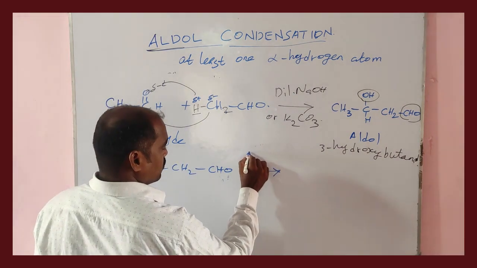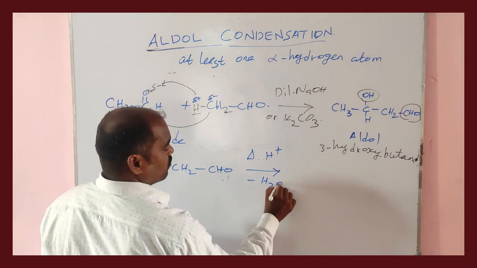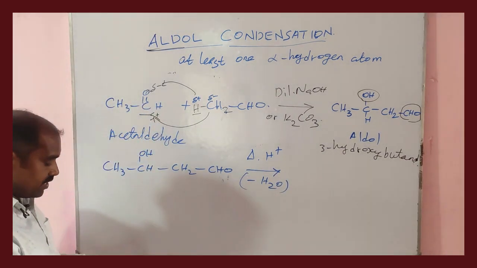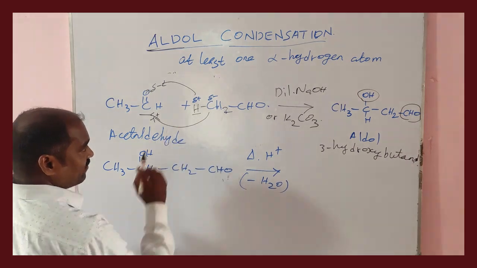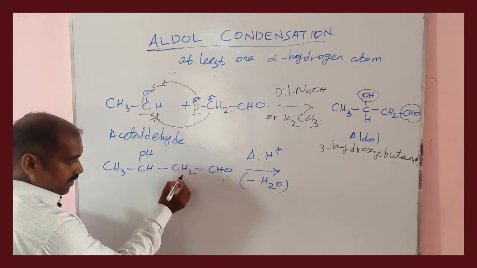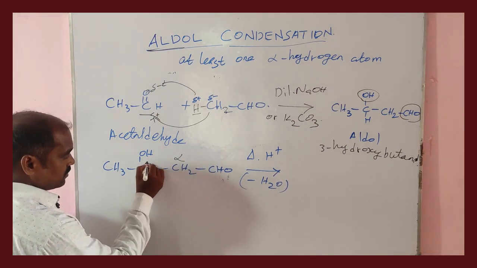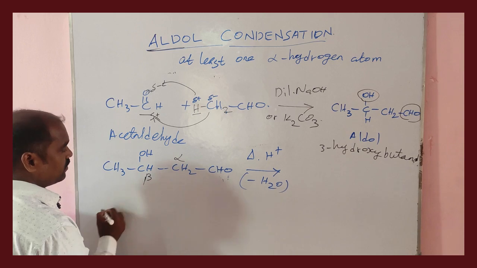So now that aldol. Here, just heat in the presence of acid and the water molecule is removed. Here also alpha hydrogen is involved. See, this is the alpha carbon and this is the beta carbon.